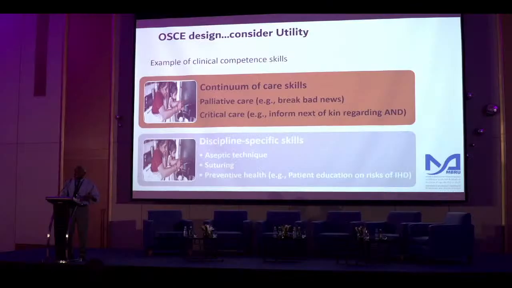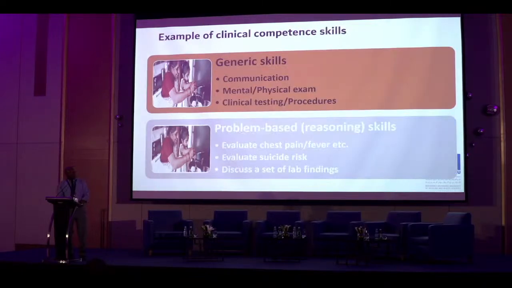Examples: if you want some student to break bad news, well, they need to be talking to someone, maybe a patient, or maybe a simulated patient. If they want to give some information about allow natural death, again they need to be talking. So there is a component of behavior, there is also a component of cognition.